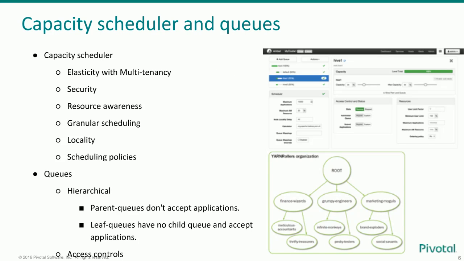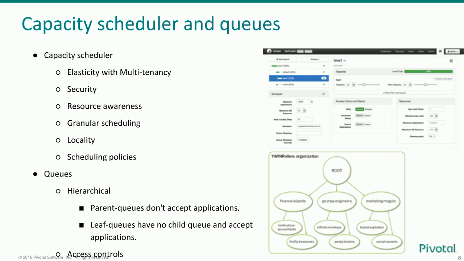All right, so within that, I also have the ability to run different types of schedulers to handle that resource allocation. In this case, we're talking about the capacity scheduler, since that's what Apache Hawk will support. These schedulers allow you to create hierarchical queues so that I can manage resources in groups across the YARN cluster.